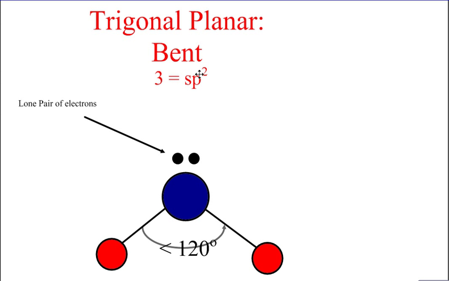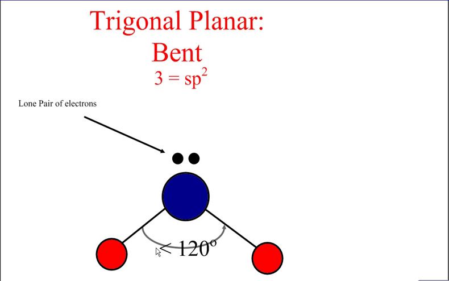Hybridization stays the same. However, that lone pair, since it is only attracted and drawn by this nucleus, is going to repel the electrons in the bond between the central atom and the terminal atoms, and they will push that bond angle closer together.